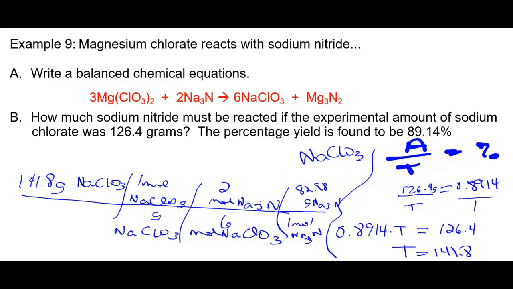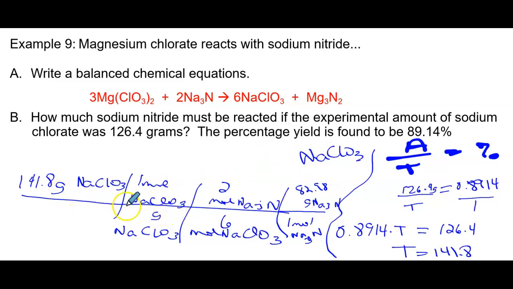We're going to multiply and divide. So we're going to take 141.8 times 2 times 82.98, hit equals, divide by, I've got to put in my molar mass of sodium chlorate. I did not do that. Let's figure out what that is. The mass of sodium chlorate would be 22.99 for 1 sodium, plus 35.45 for 1 chlorine, plus 3 oxygen, so 3 times 16, and I get 106.44.